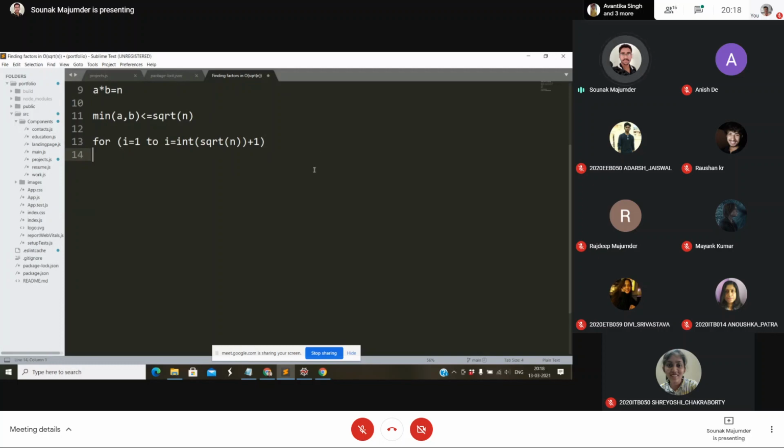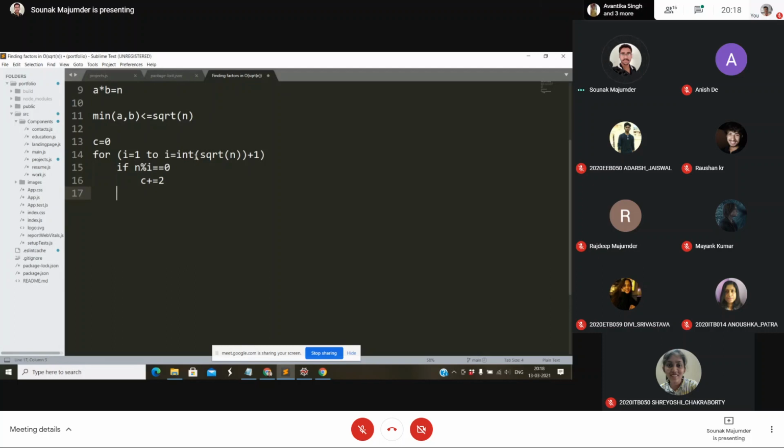So using this loop, let's say I keep a counter 0, so if n mod i equals 0, then as I said, if a number less than or equal to square root of n divides the number, then there has to be another number greater than square root of n which will also divide n. So going by this logic, c should be incremented by 2.